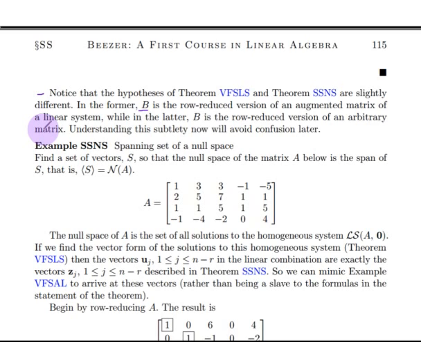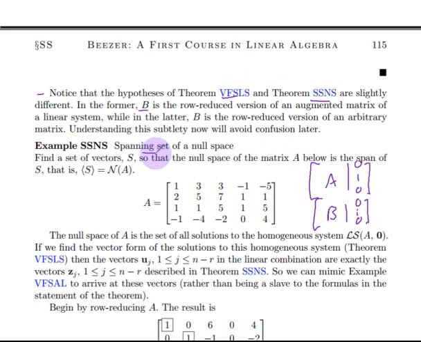Remember, for the homogeneous system, the augmented matrix only has a last column of zeros that we can simply ignore, because if you reduce an augmented matrix whose last column is all zeros, then the reduced matrix will still have a last column of all zeros. Okay, so these two are really very closely related, almost identical.